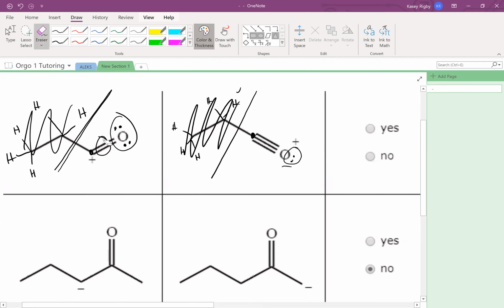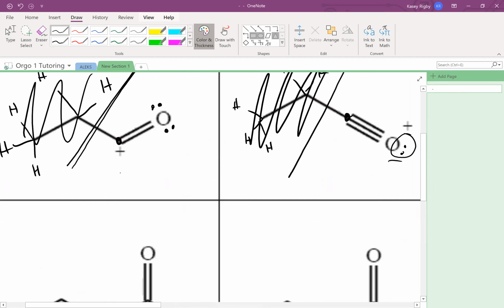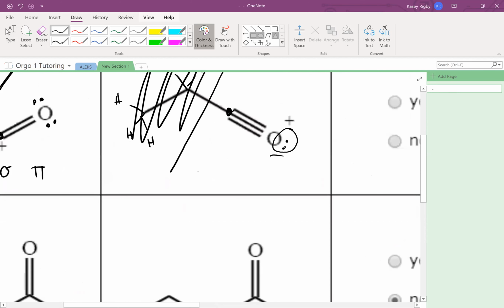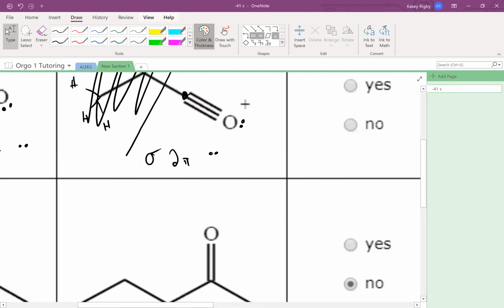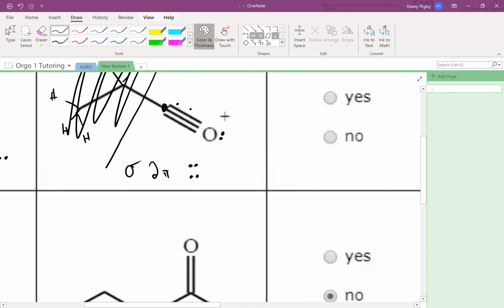What this means is we're going from 1 sigma bond and 1 pi bond to 1 sigma bond and 2 pi bonds. And pi bonds are made of lone pairs. If we have 1 pi bond, that means we only have 1 lone pair. If we have 2 pi bonds, we have 2 lone pairs participating. Okay? So here's a lone pair on this bond, here's a lone pair on this bond.